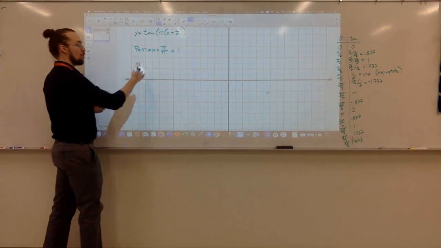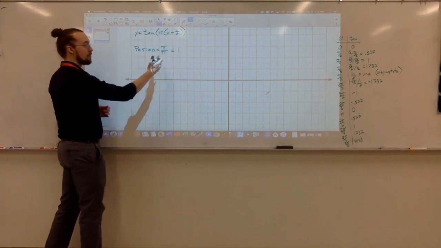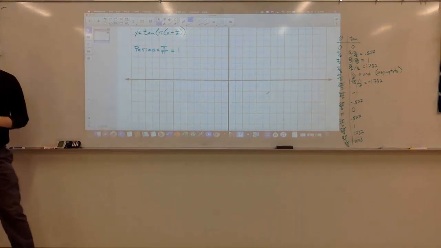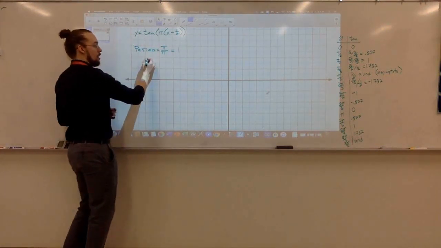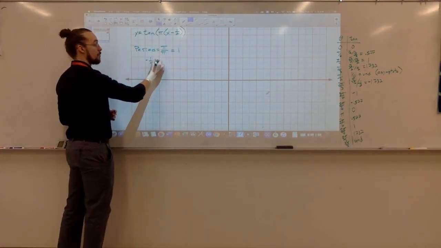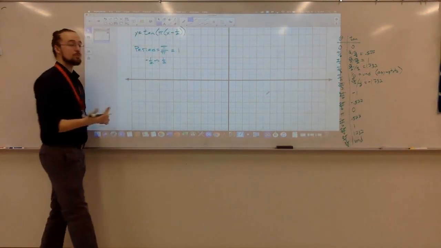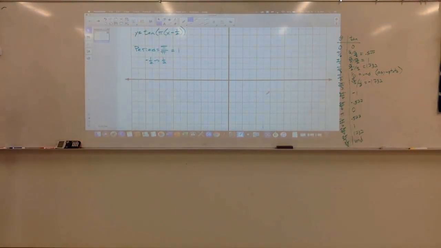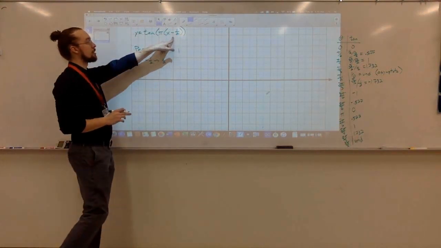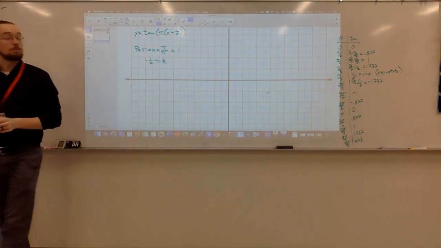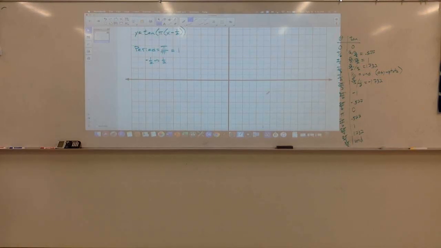So we want half of that on either side of the y-axis. So I'm going to go from negative 1/2 to positive 1/2. But in this case, I'm shifting to the right 1/2.